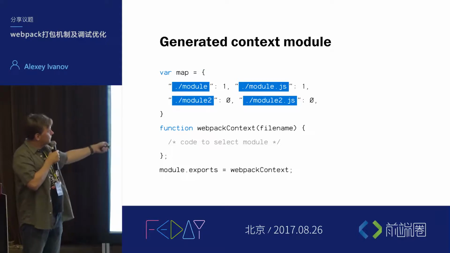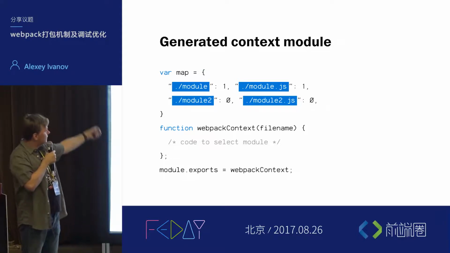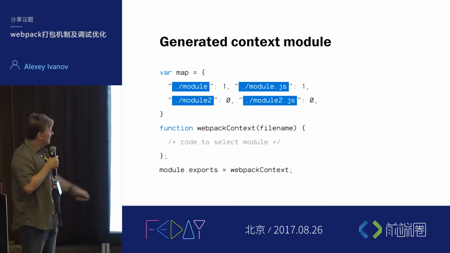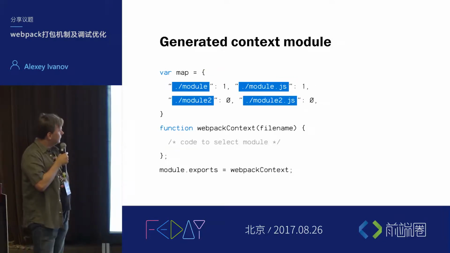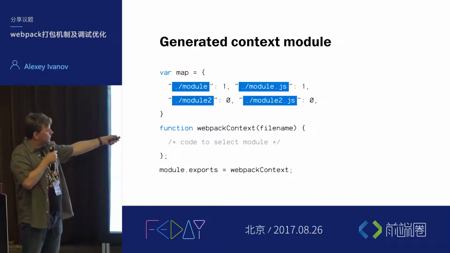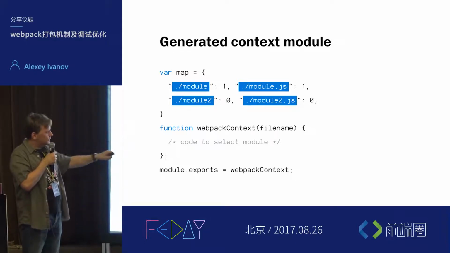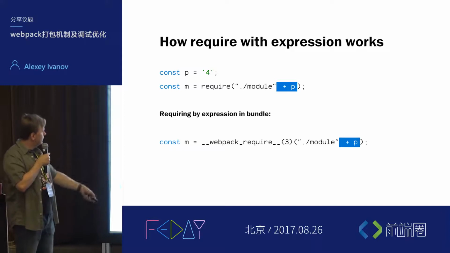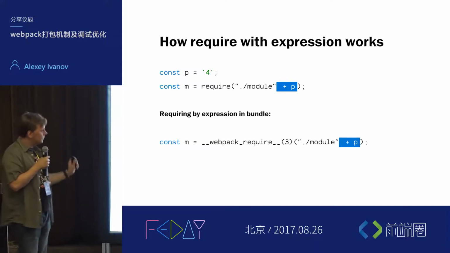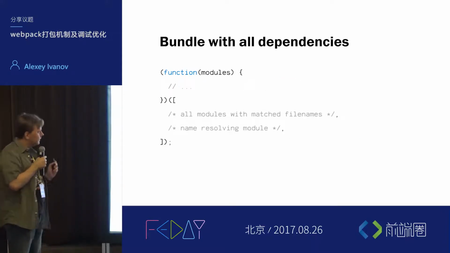So our expression matches these file names inside our file system: model.js, model2, etc. We have to add all these files inside our bundle. And then we will compile this line to this line. As you can see, it's new model, not one of these models, it's another index, and we send it as an argument here, and it will be resolved inside of it. This way we can load a lot of files at the same time.